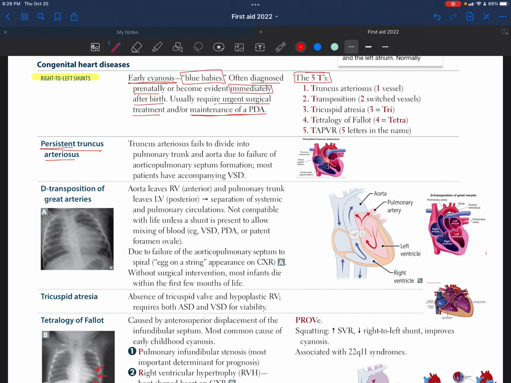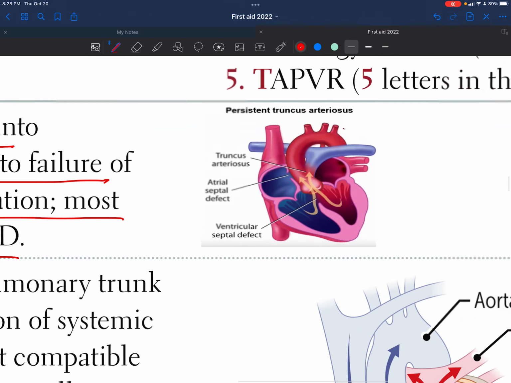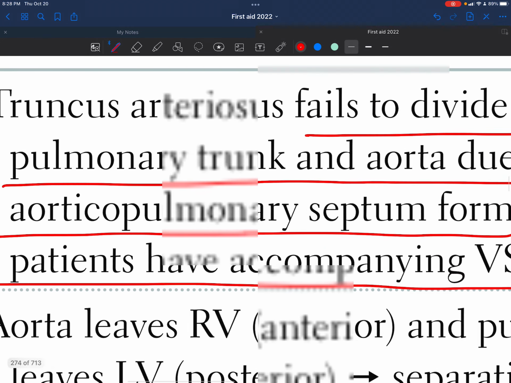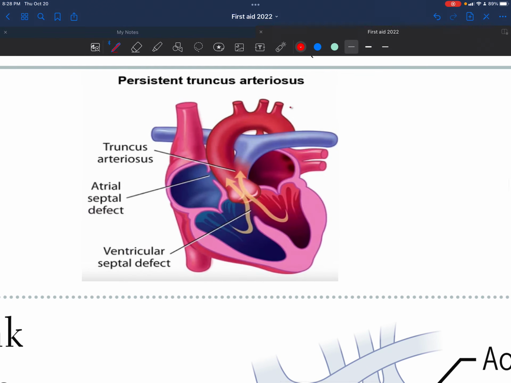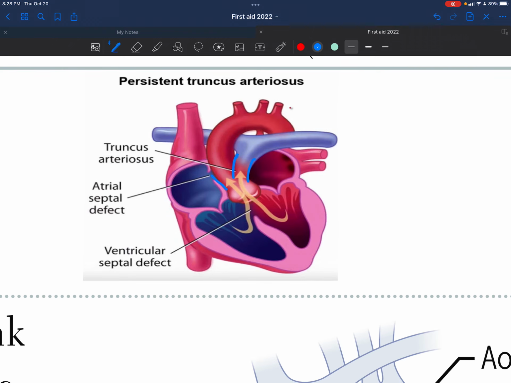For persistent truncus arteriosus, the truncus arteriosus fails to divide into the pulmonary trunk and aorta due to failure of aorticopulmonary septum formation. Most patients have an accompanying VSD. The truncus arteriosus is the main source before the division of the two major arteries, the pulmonary artery and the aorta.